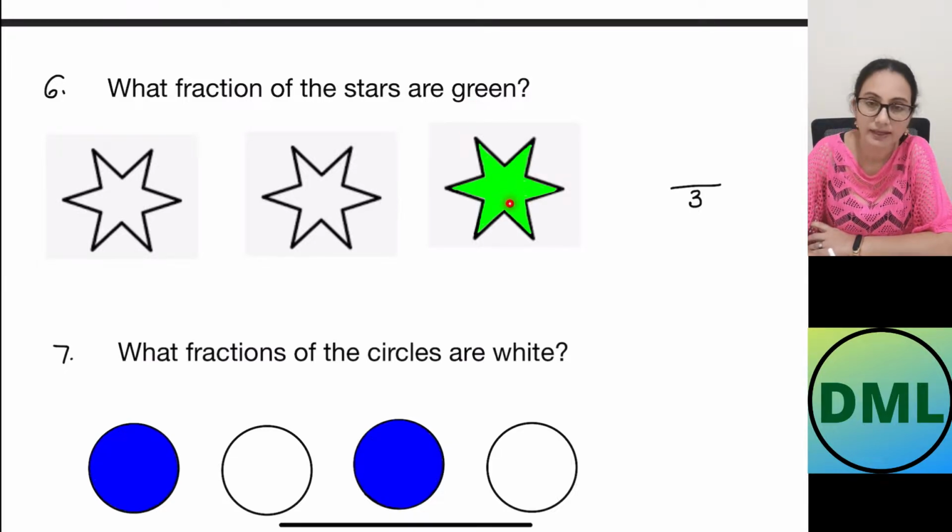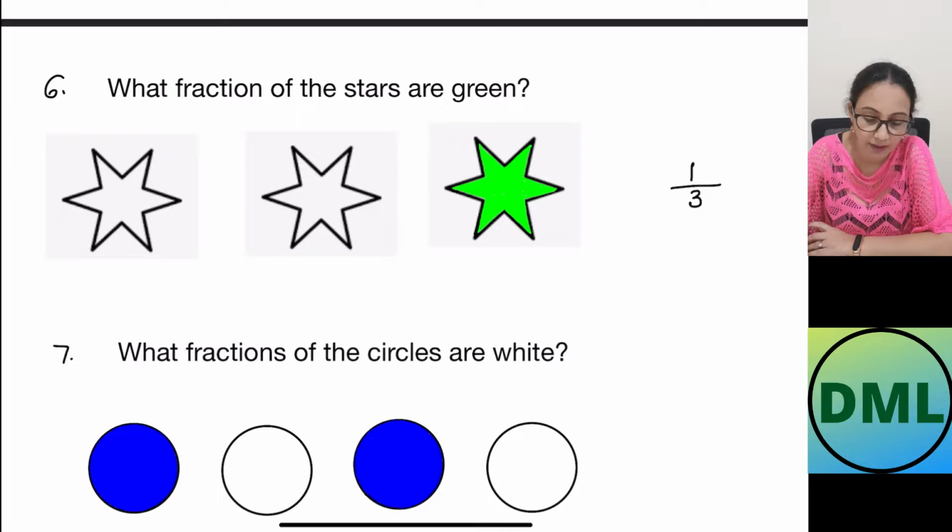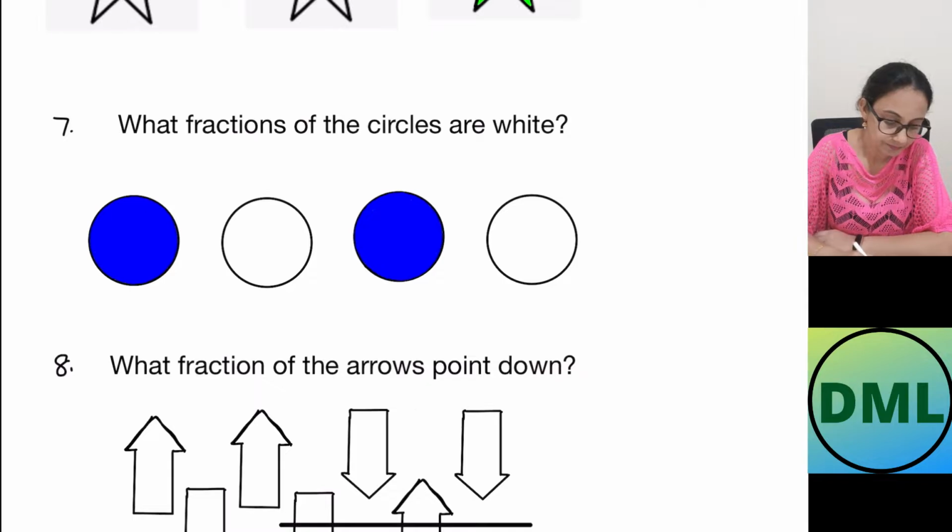This is our green star. So I'll write down 1 in the numerator. That means 1/3 of the figures are the green star. That means out of 3 figures, only 1 figure is the green star. Let's see one more example.